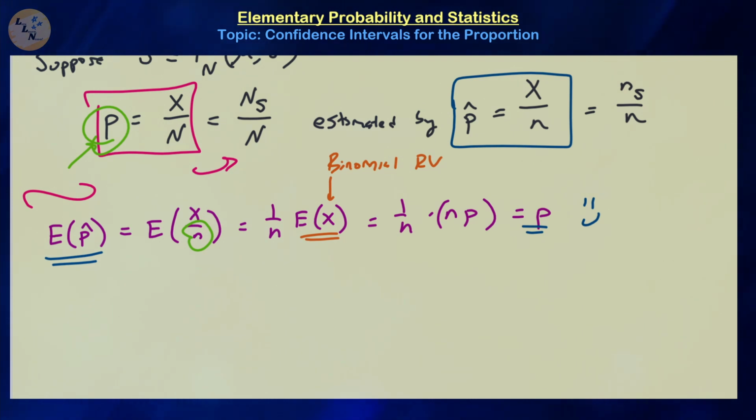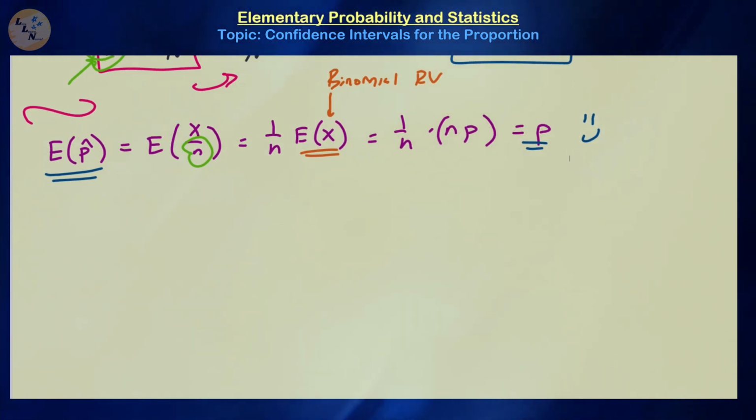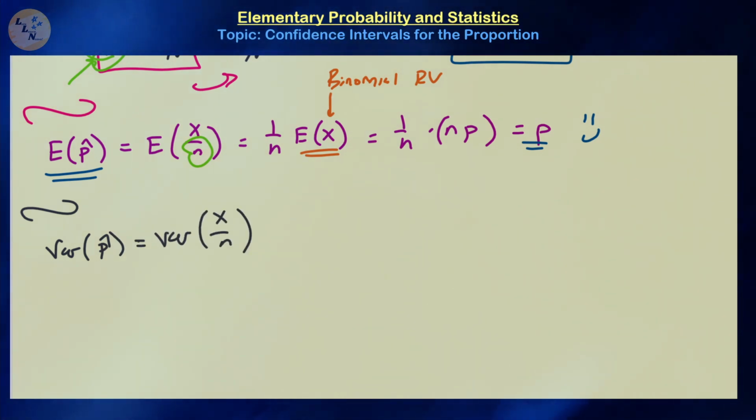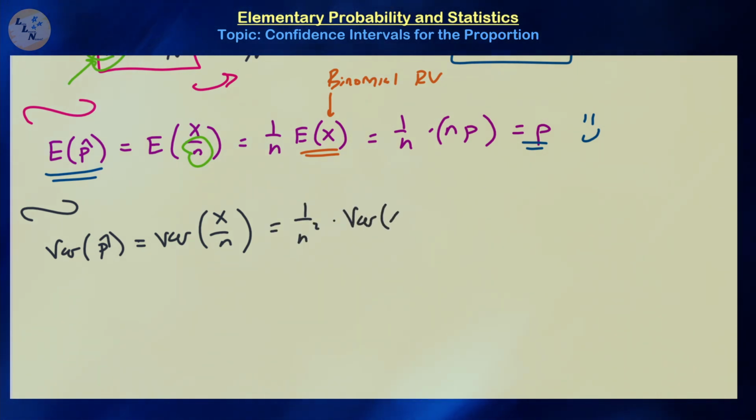That means we can calculate the standard error of the estimate for p hat as an approximation for p by finding the standard deviation of this random variable p hat. So let's start off by finding the variance, and then we can find the square root of that to find the standard error of that particular estimate. So the variance of p hat is going to be equal to the variance of x divided by n. We can quadratically factor out that n to give us 1 divided by n squared times the variance of x.